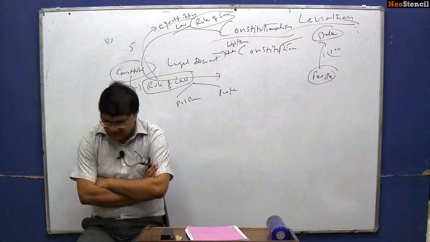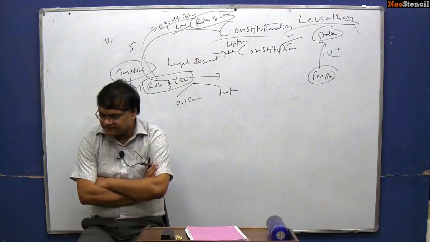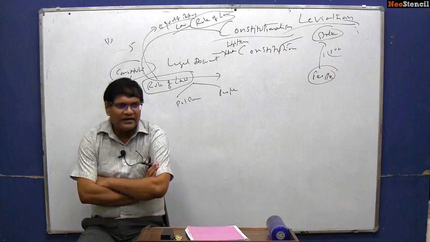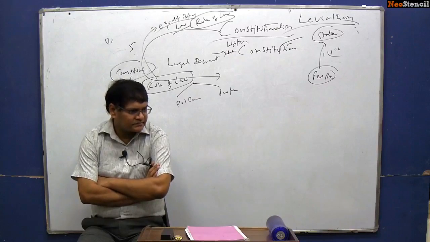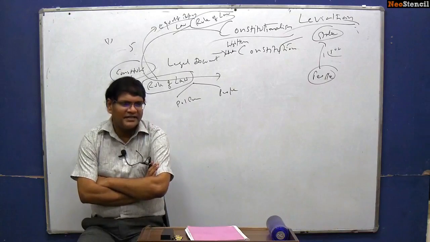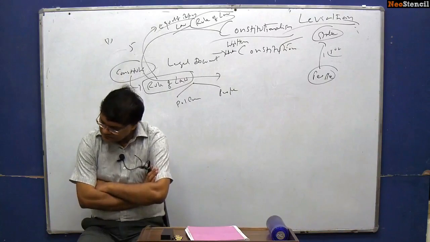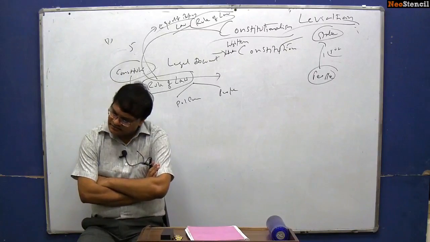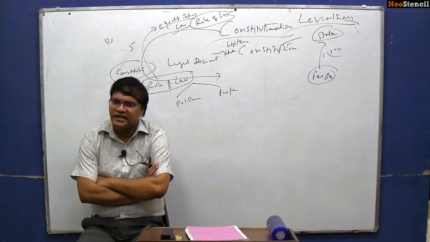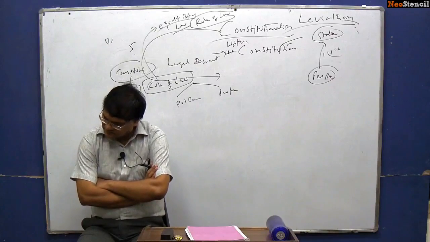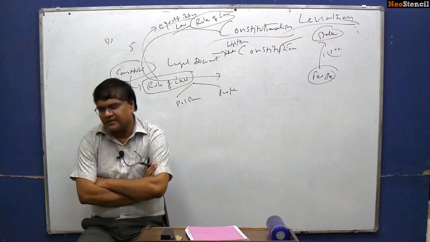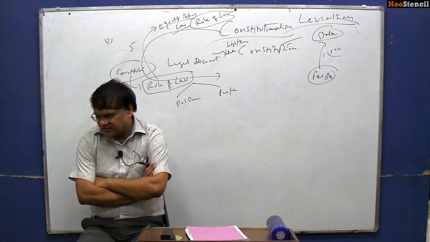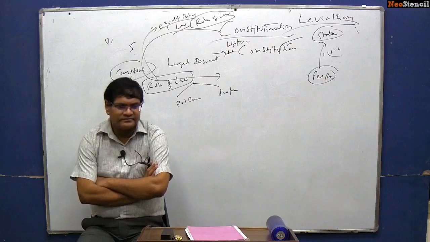The second reason why we say that we don't have constitutionalism is that in the Global Transparency Index, India is more corrupt than its neighbors also.